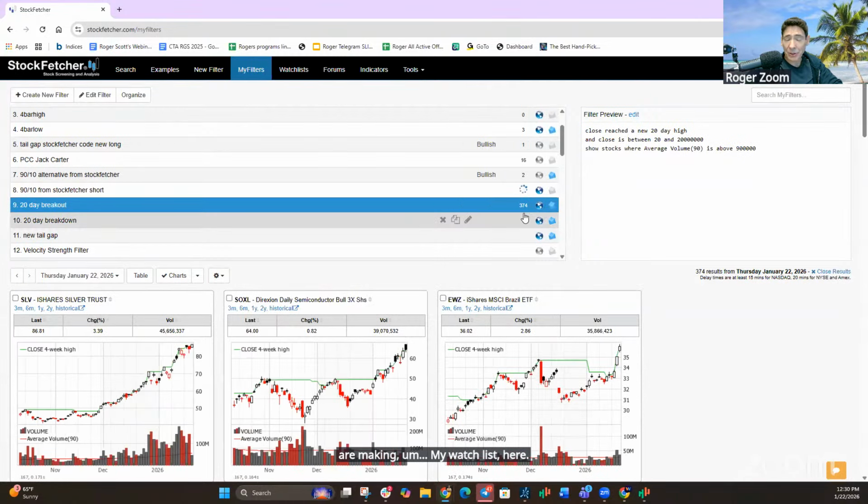We have 374 stocks making 20-day highs. We have enough oomph for one more push up, and then this market's getting overdone. So we have to be very, very careful here.